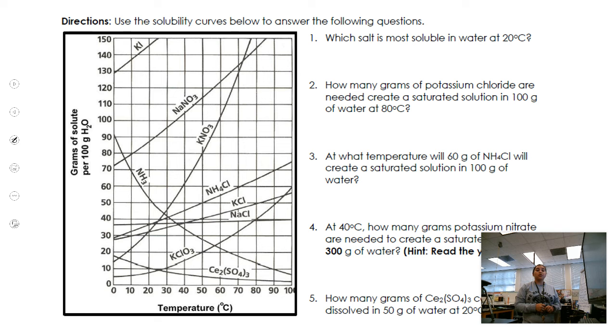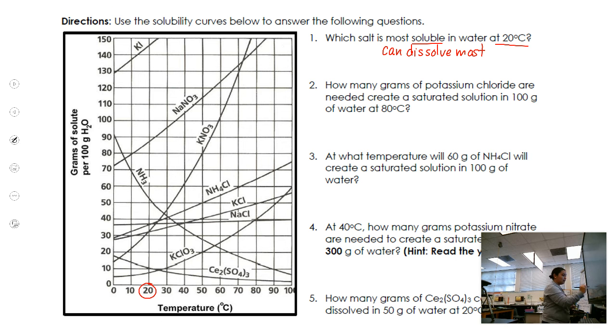Question number one says, which salt is most soluble at 20 degrees Celsius? So, what important information can I get from that question? Well, I can find that it says 20 degrees Celsius, and I can find that temperature on the x-axis. Now, what does that phrase most soluble mean? Soluble means can dissolve. So, which salt is most soluble, or can dissolve the most, at 20 degrees Celsius?